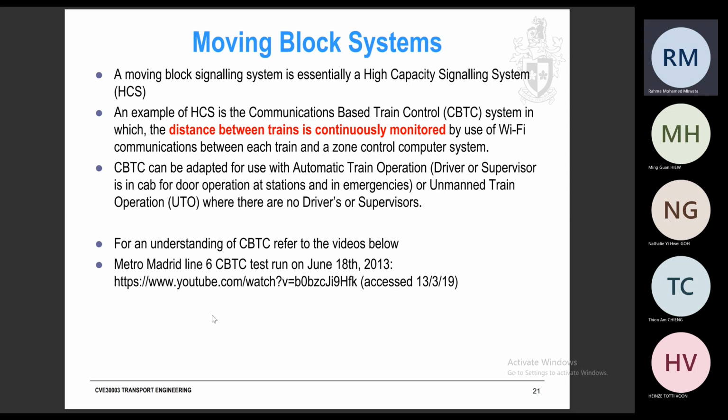So if you have the first train moving slow and the second train is about to catch up with the first train, that distance will be communicated, either to the first one to speed up or to the second one to slow down a bit. If the communication is to the second train, they will tell the driver to slow down a bit. So the distance between the two trains will always be kept at a minimum safe distance.